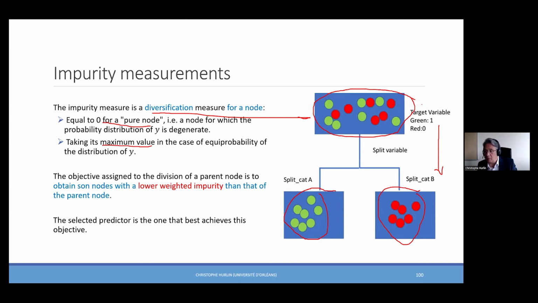This is clear for everybody? Great. So the objective assigned to the division of a parent node is to obtain child nodes with a lower weighted impurity than that of the parent node, and the objective is to select the predictors that maximize this decrease.